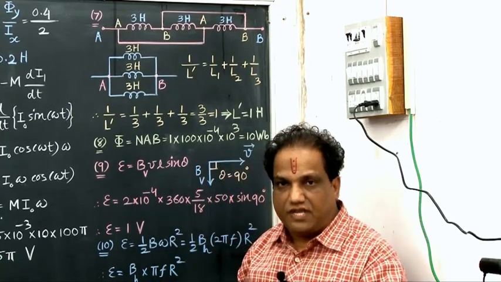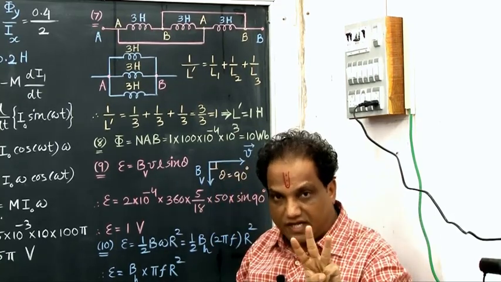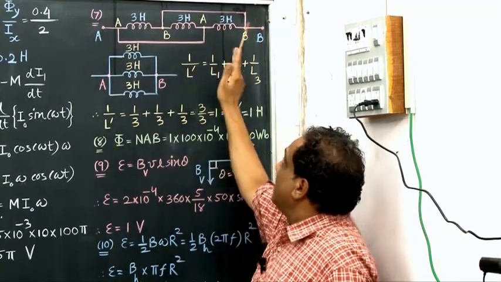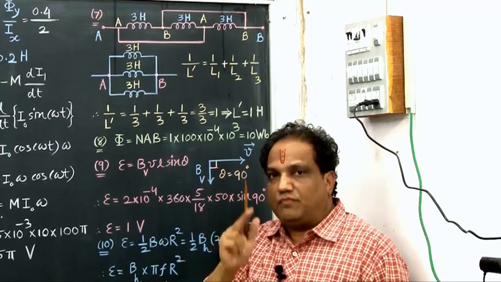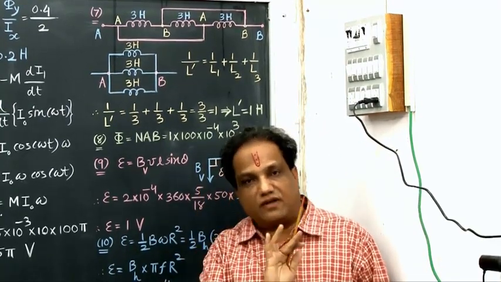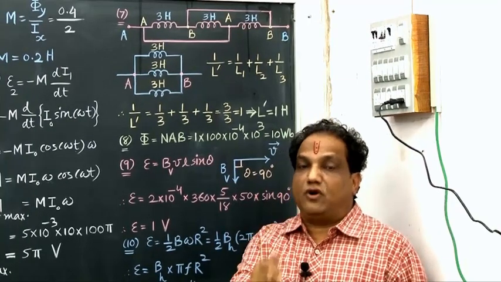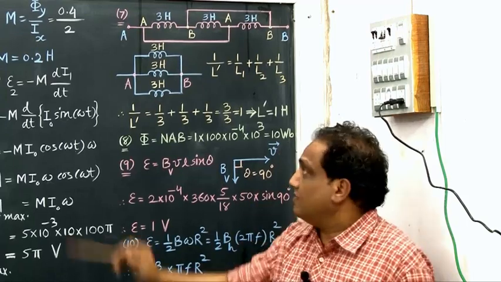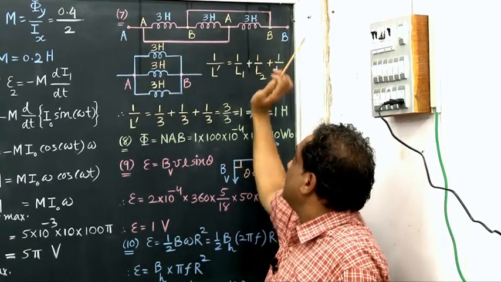A network in which there are 3 inductors connected, between points A and B. Each of the inductor has self inductance 3 Henry. Now we are asked to find out the equivalent or effective inductance between points A and B.